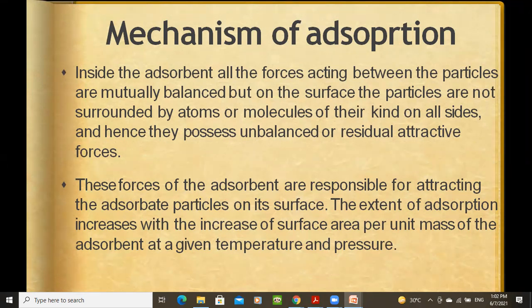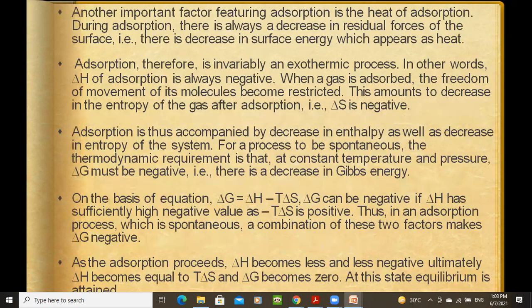That is how, when we dip a plastic ball in water, the water sticks to it but does not penetrate inside the plastic; it sticks to the surface because of the attractive force present there. The extent of adsorption increases with the increase of surface area per unit mass of the adsorbent at a given temperature and pressure. I've already told you temperature and pressure play an important role in this.